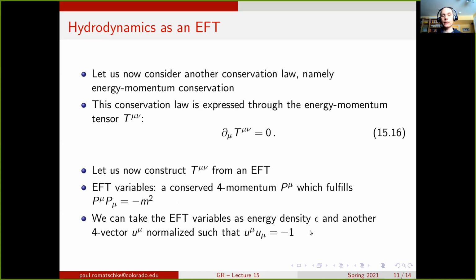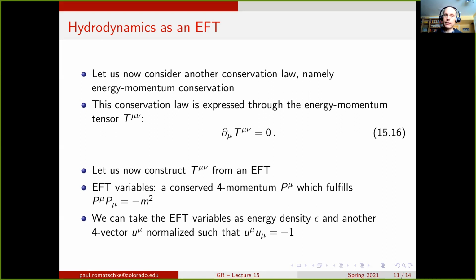So long story short, for energy-momentum conservation, we can use good EFT variables if we use the energy density ε and another four-vector u^μ, that has one more condition, that it's normalized, for instance, such that u^μ u_μ = -1. The normalization here means that we are effectively trying to describe matter.